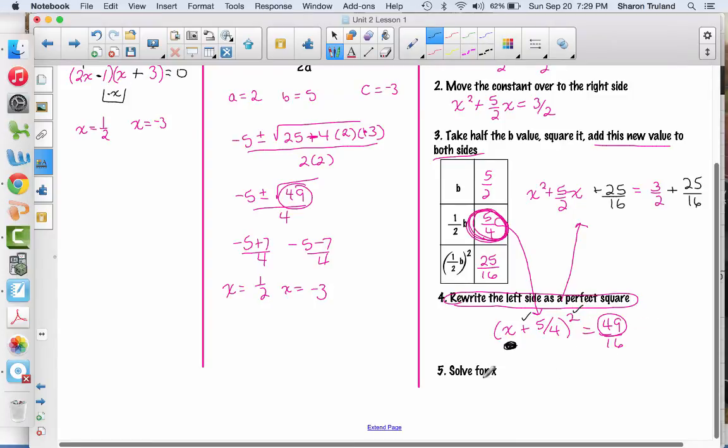So when I look at this, it's x equals, that 5 fourths is going to move over as negative 5 fourths, plus or minus the square root of 49 over 16. See, because I'm going to take the square root first. And then if you see, negative 5 fourths plus or minus 7 over 4, which is basically what I had over here. So my roots are the same.